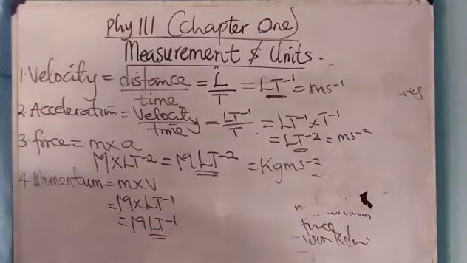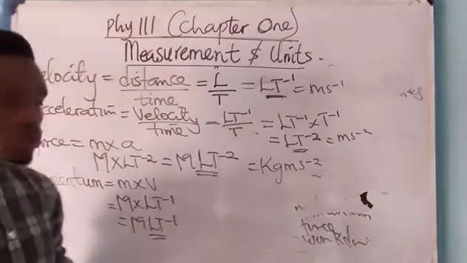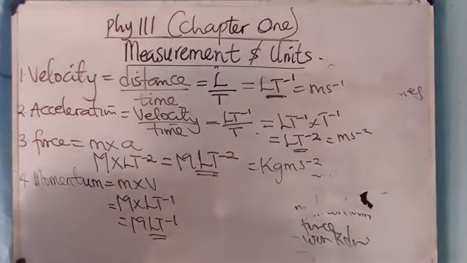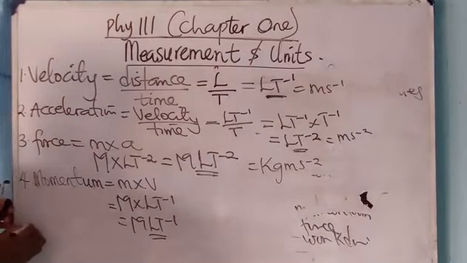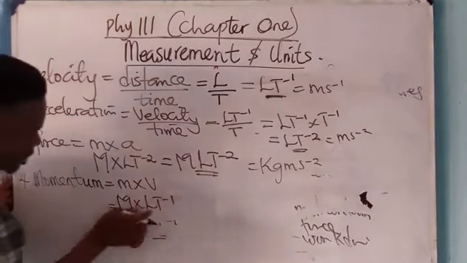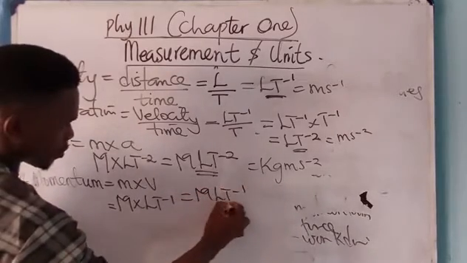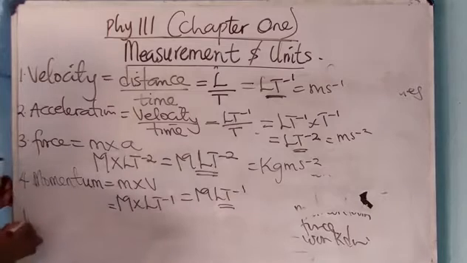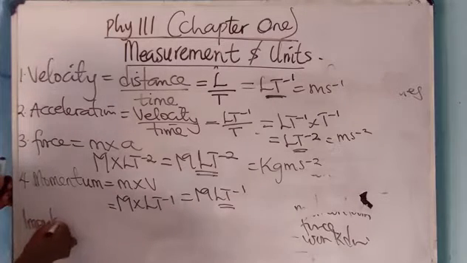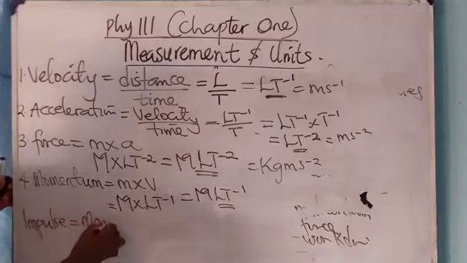Please take note, impulse and momentum have the same dimension. So they are dimensionally equal. So impulse, okay, let me take it up. This becomes MLT minus 1. So impulse is equal to momentum.